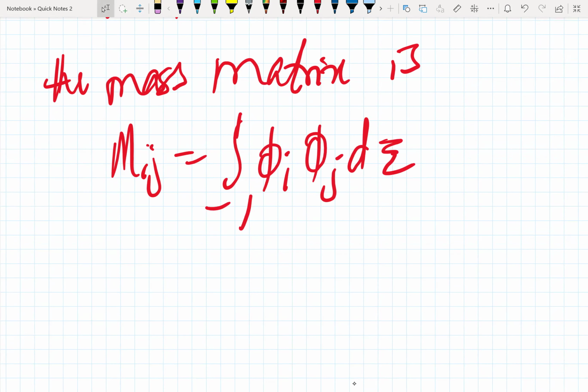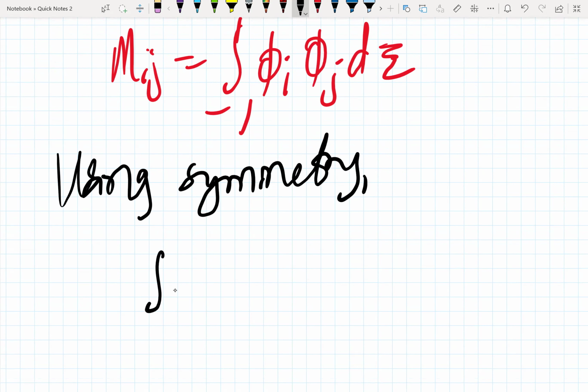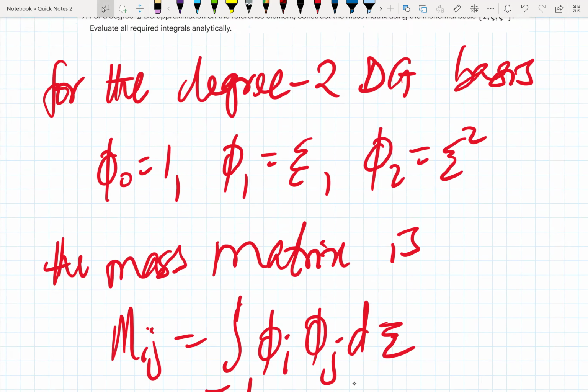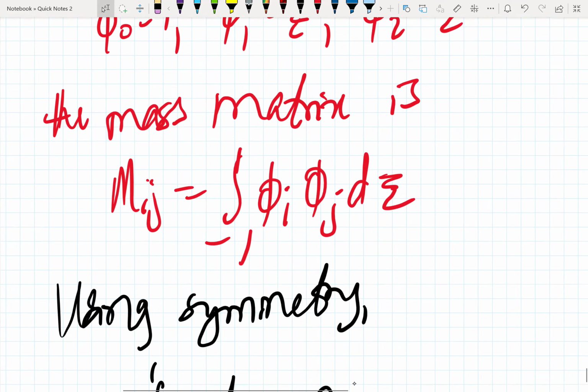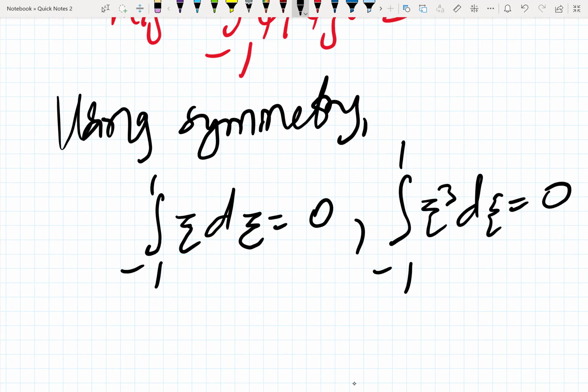Using symmetry, we have the integral from -1 to 1 of psi d psi equals 0. If you integrate this, we get 0. So using symmetry, we know the integral of psi d psi is this, and the integral from -1 to 1 of psi cubed d psi will be 0. So we know that is settled. On the other hand, we have 1, psi and psi squared.